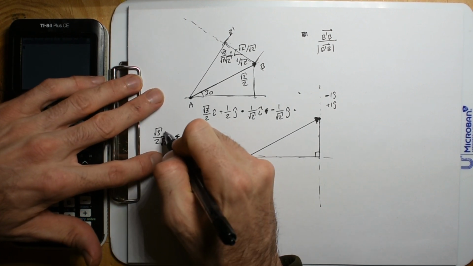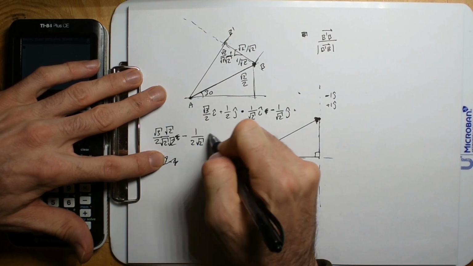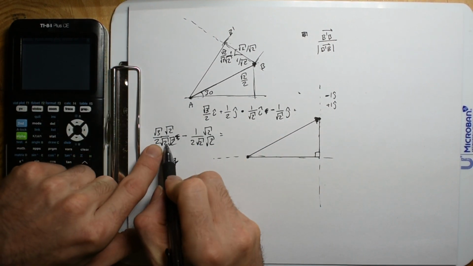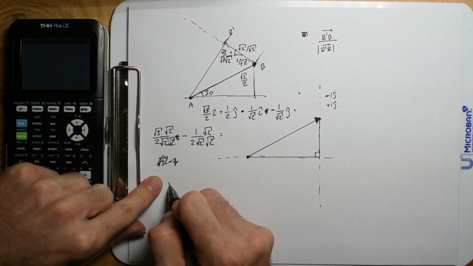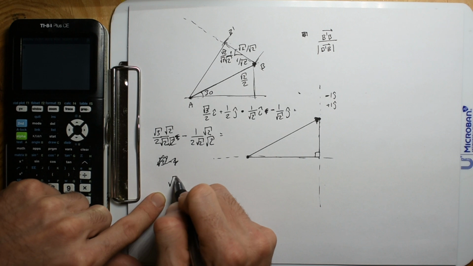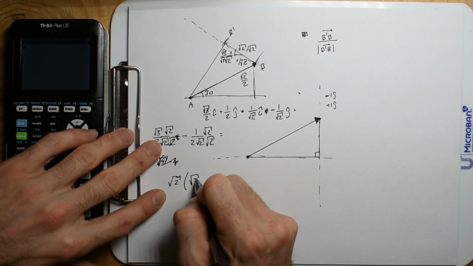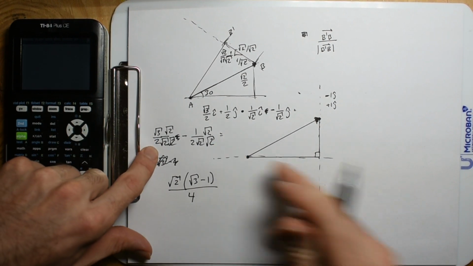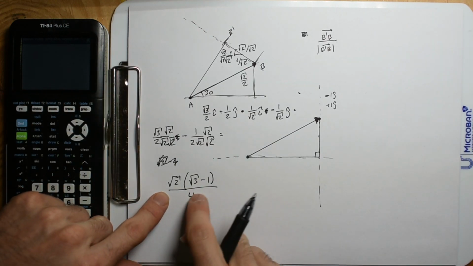So let's rationalize, multiplying top and bottom by the square root of 2. So this is going to be 4 on the bottom, and I'm going to have square root 3 minus 1 divided by 4. And that's exactly what some of these solutions were doing.